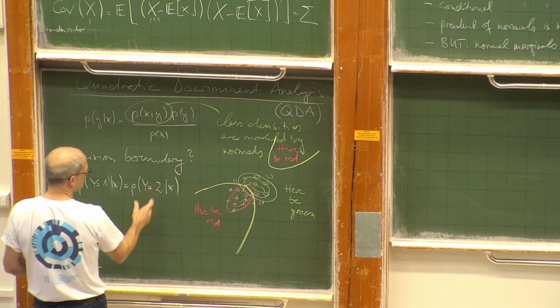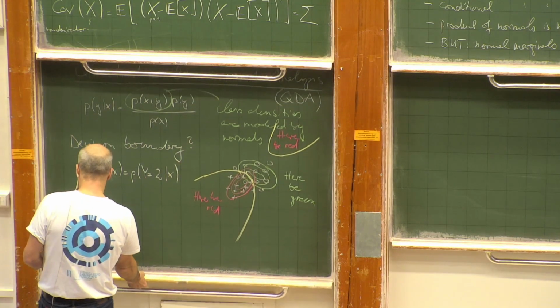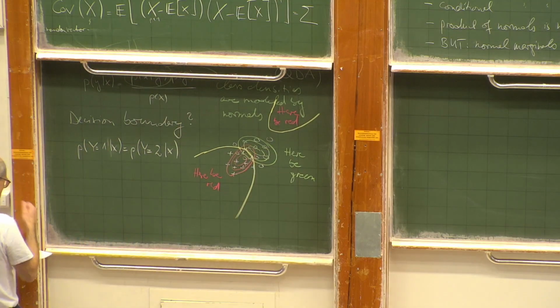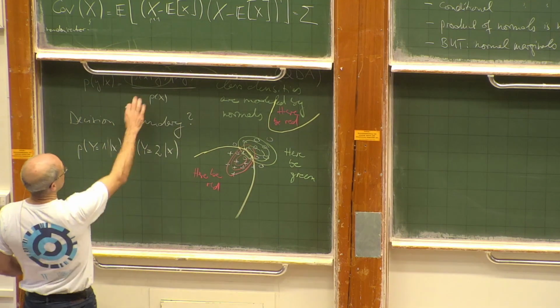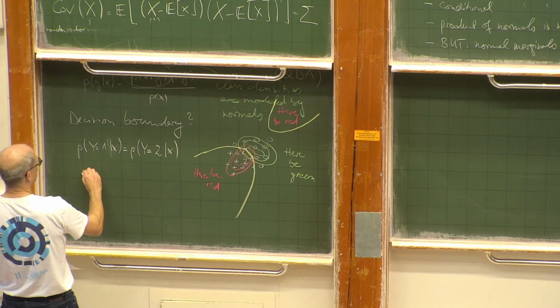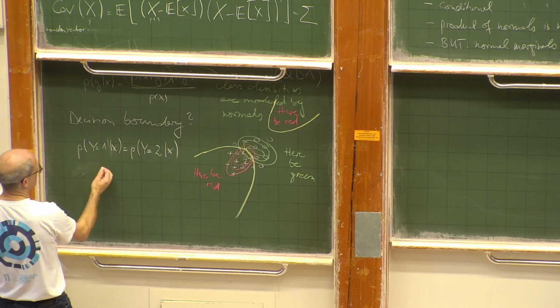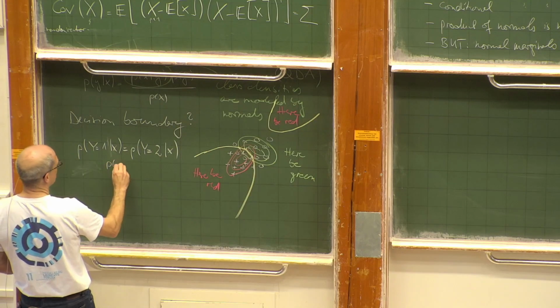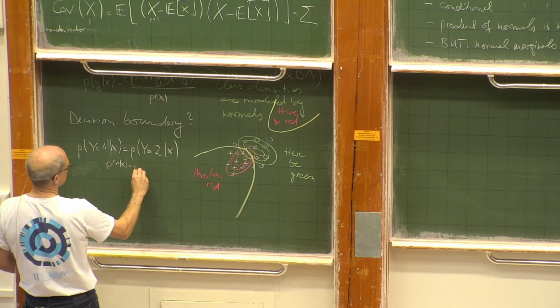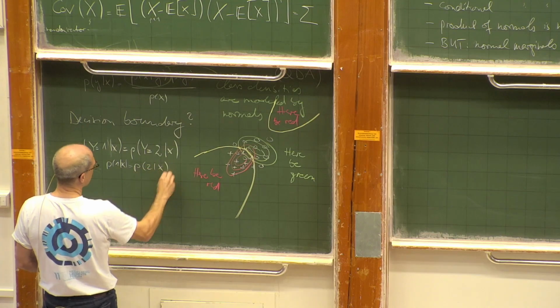And so this gives me a condition on the x. So I can write this a bit shorter and say the probability of 1 given x should be the probability of 2 given x.